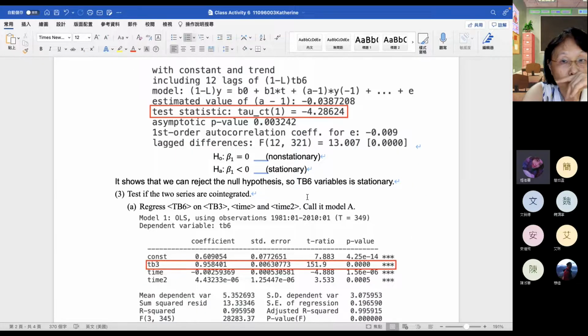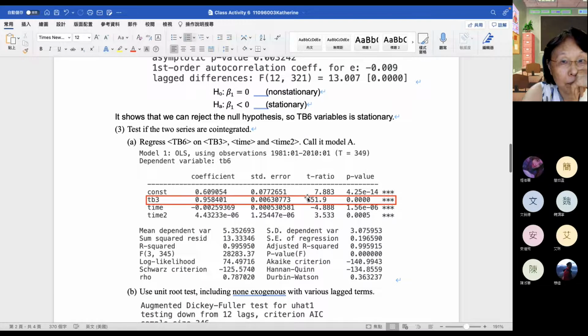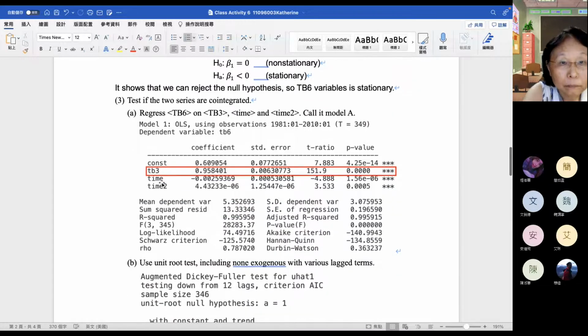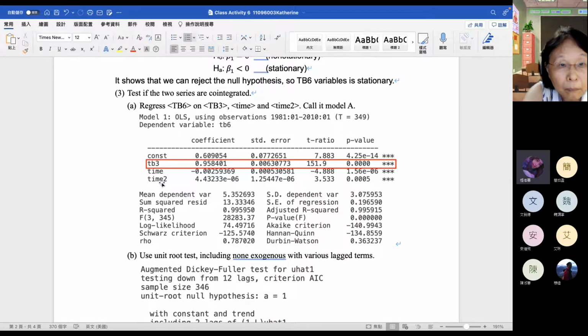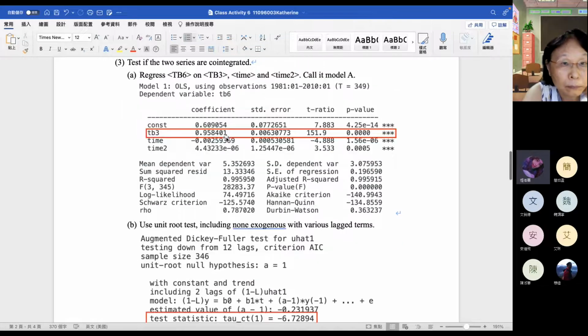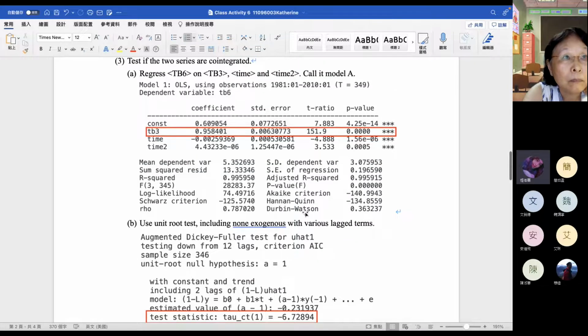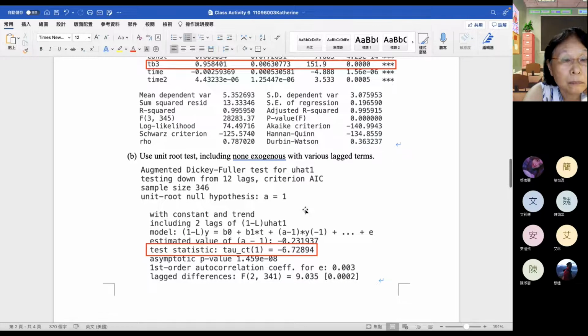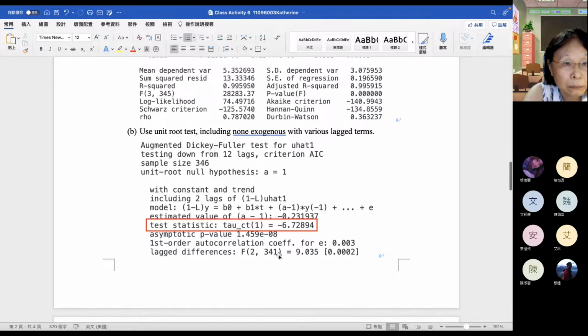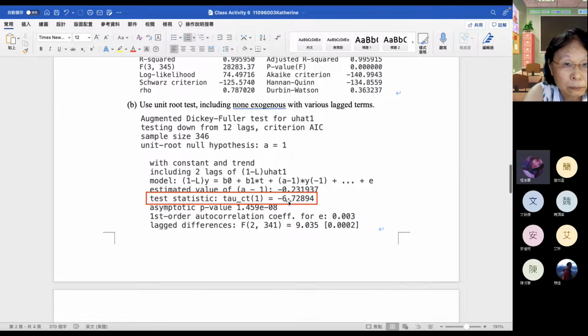And the third part tests if the two series are cointegrated. So in this one, the dependent variable is TB6, and use unit root tests including no intercept with various lag terms.